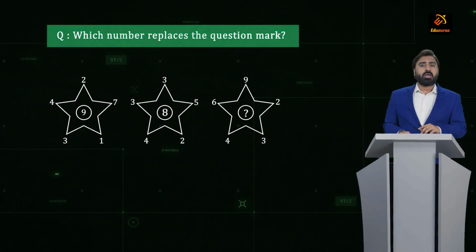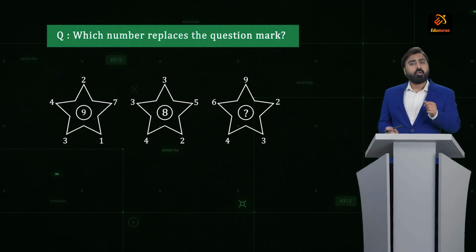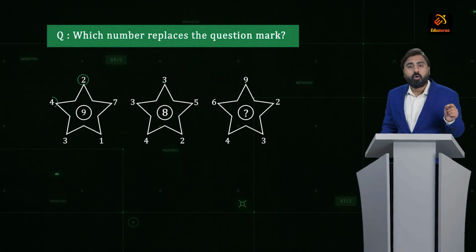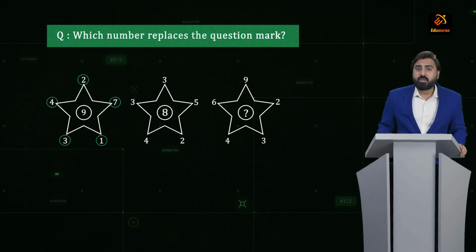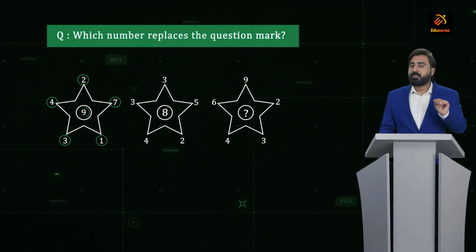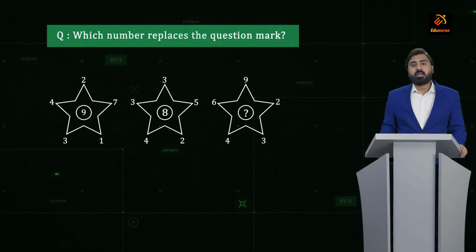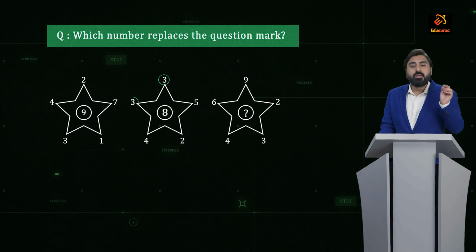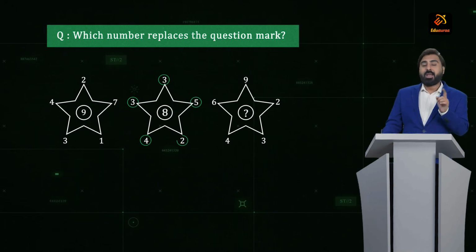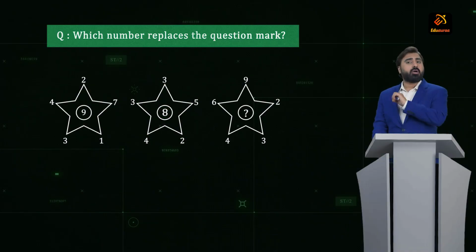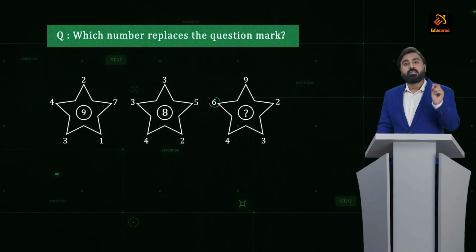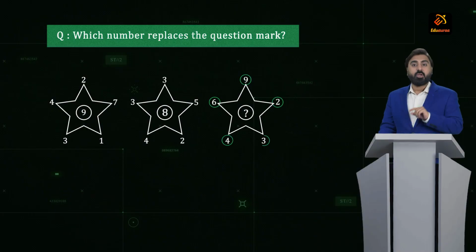In the first star there are numbers 2, 4, 3, 1 and 7, and the number inside the circle in that star is 9. The second star has numbers 3, 3, 5, 4, 2, and it has 8 inside the circle. And the third star has 6, 9, 2, 4, 3, which has the missing number inside the circle, and we are supposed to find it.